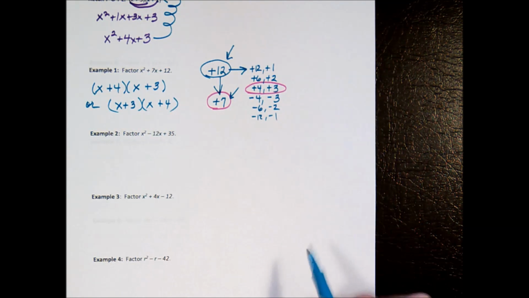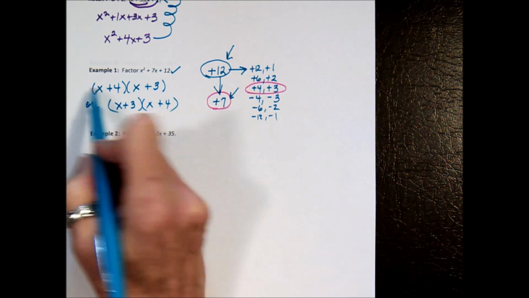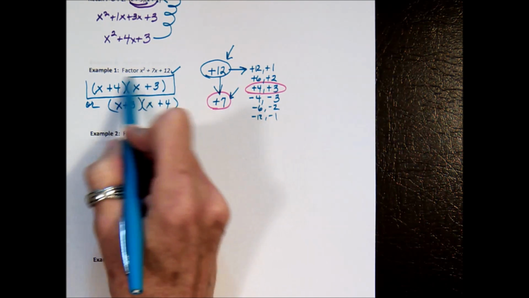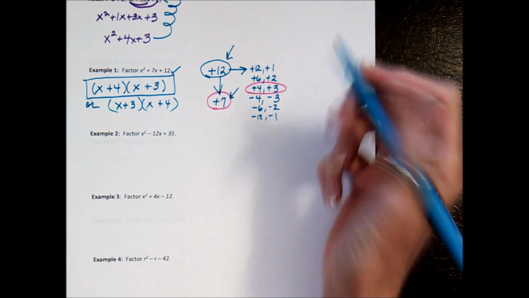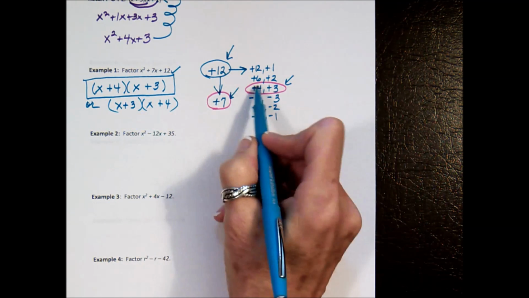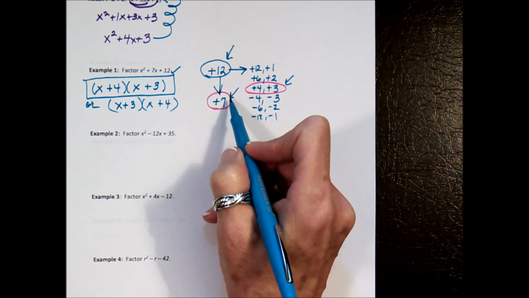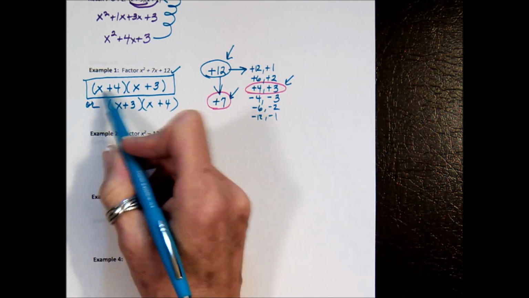It's still going to FOIL to be x squared plus 7x plus 12. And of course you would want to FOIL it to check it. That's why this is called the short method, because once I find those two numbers that multiply and add to make our given, then you basically have your answer. Your answer will always look like a FOIL.